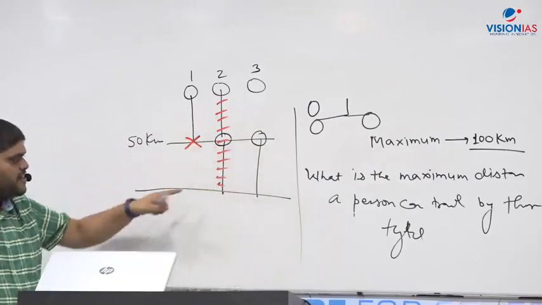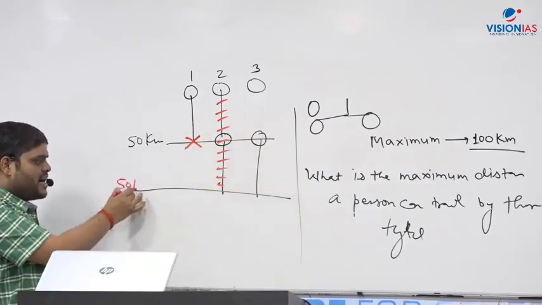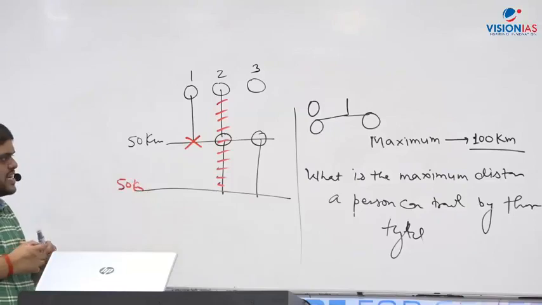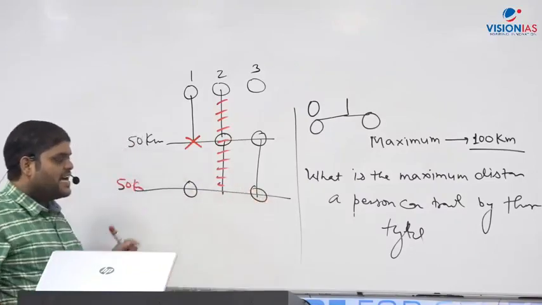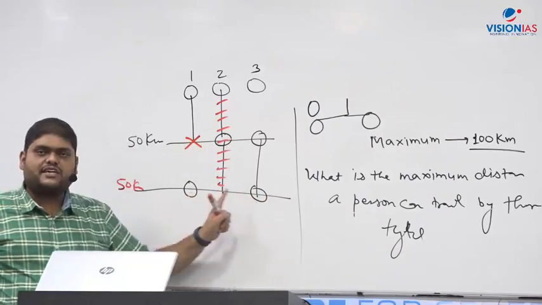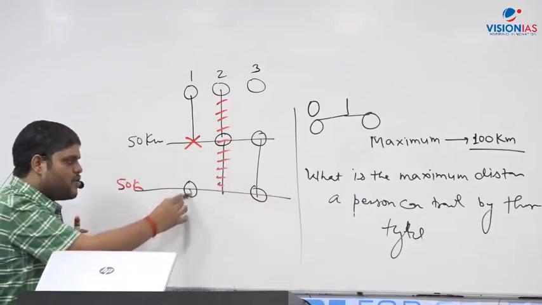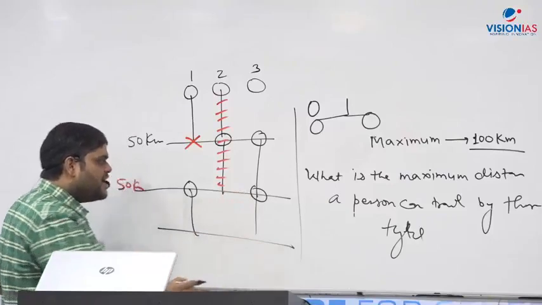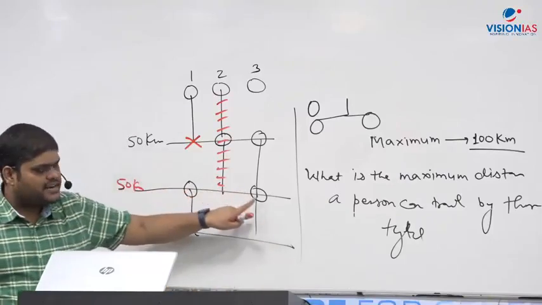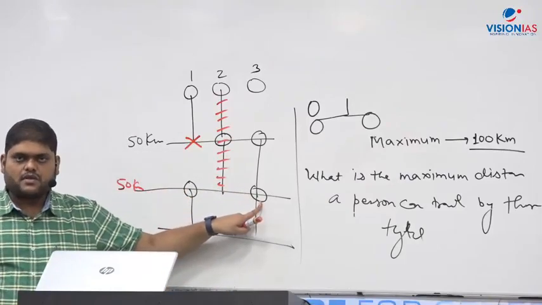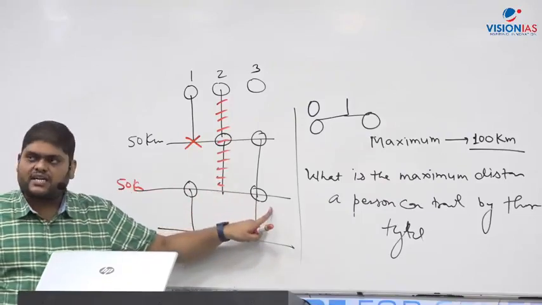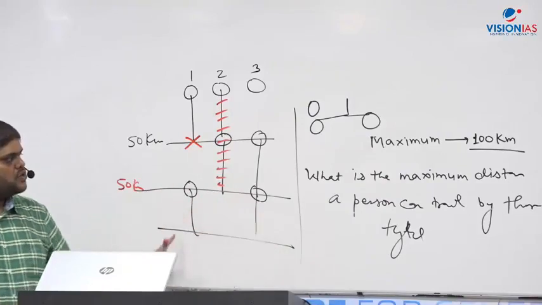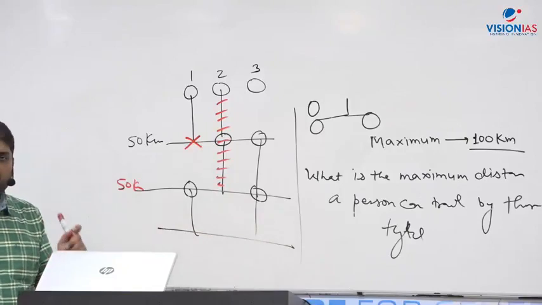Because they have traveled 100 kilometers now. But if you see, tire number first and tire number third still have a capacity of 50 kilometers more. So I will go 50 kilometers more by tire number 1 and tire number third. So the total distance covered will be 150.